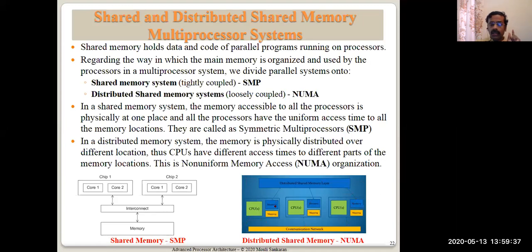Now, if you see this, it is a distributed memory because it is located at 3 different places. And this CPU has a local memory for it. This is a local memory for this CPU and this is the local memory for that CPU. But it is a shared memory.